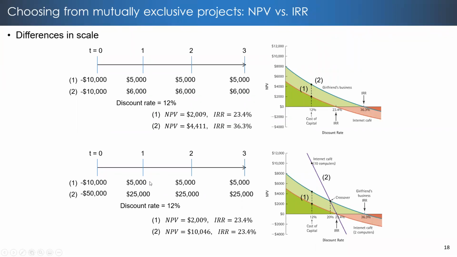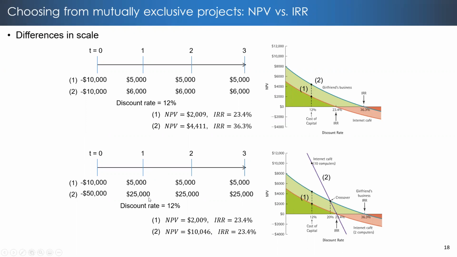However, if we have a different scale of cash flows, meaning that let's say project number one has a cash flow pattern of negative 10K, then 5K in the future, and a second project will give you 5 times the cash flows of the first project. It's a bigger project. It costs more in the beginning, but also returns more later on.